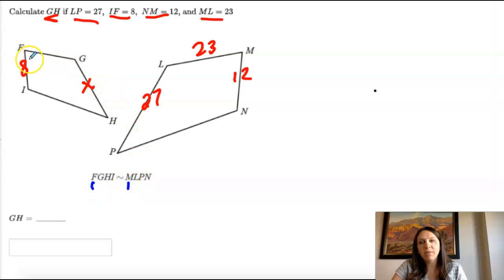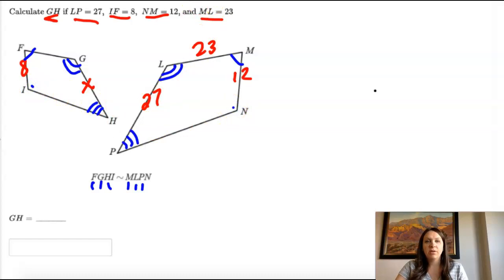F and M are the same. G and L are the same. H and P are the same. So that leaves N and I the same as well.